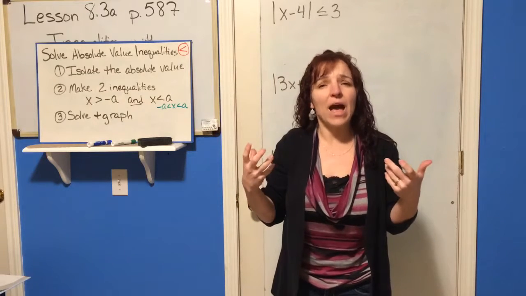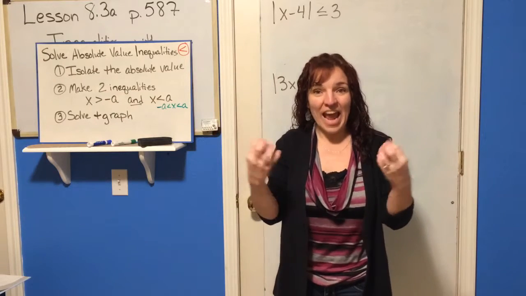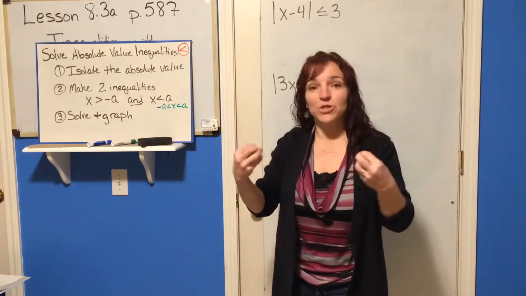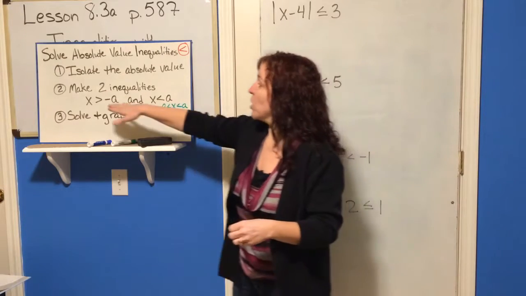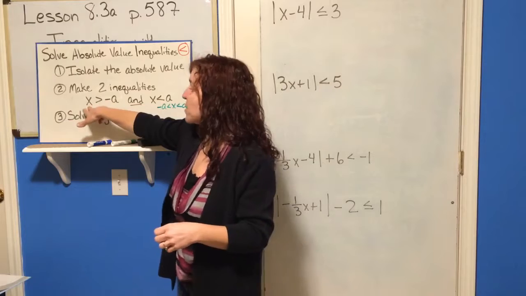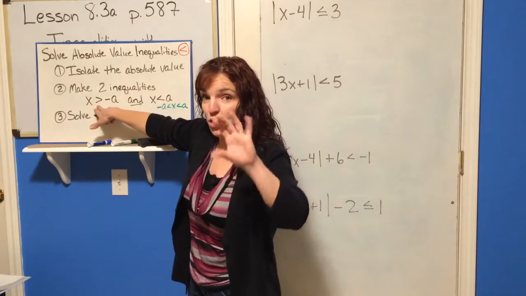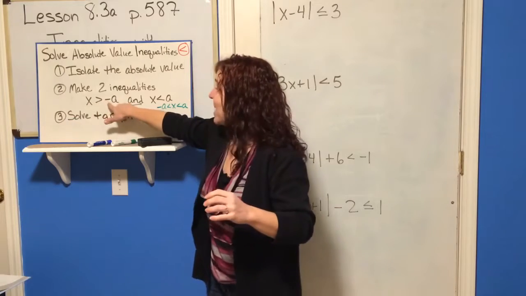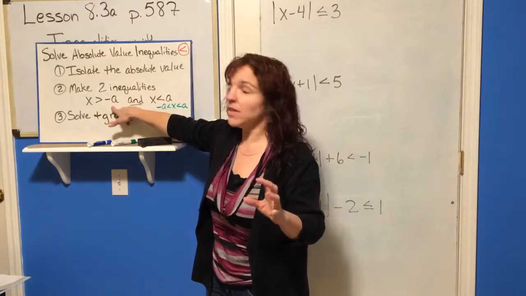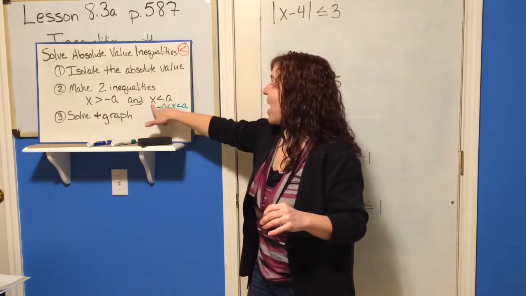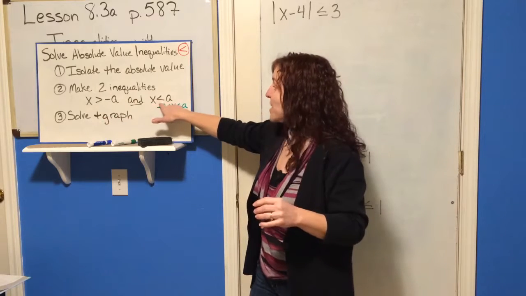You're making a compound inequality, an and, or an intersection compound inequality. You're going to set whatever your absolute value is, and you're going to switch the sign and say greater than negative whatever you got, and then your absolute value is less than.